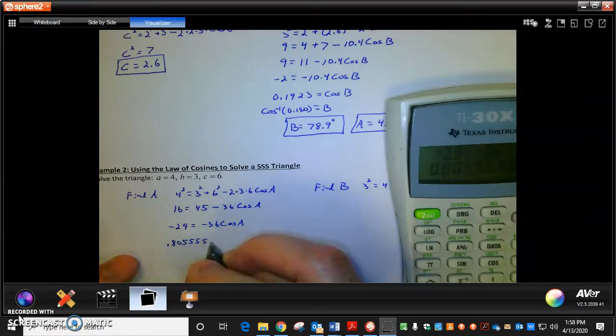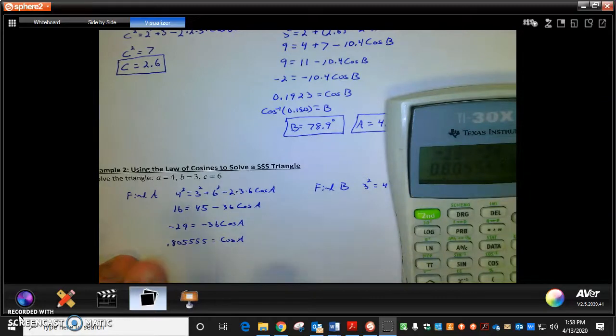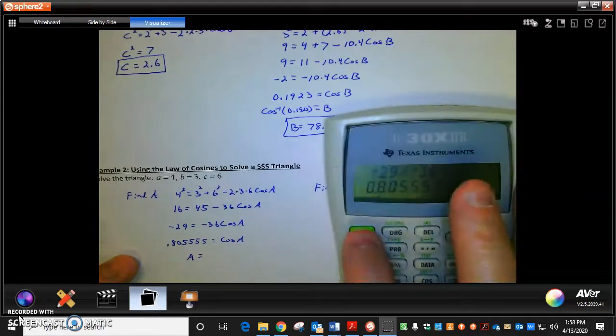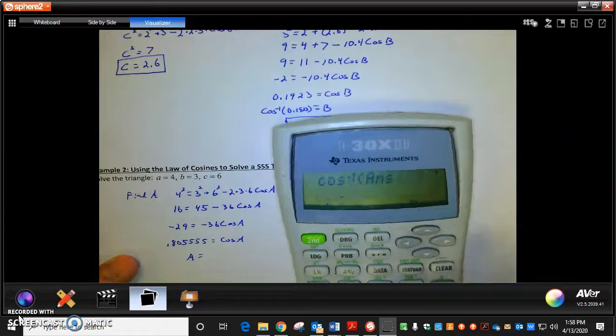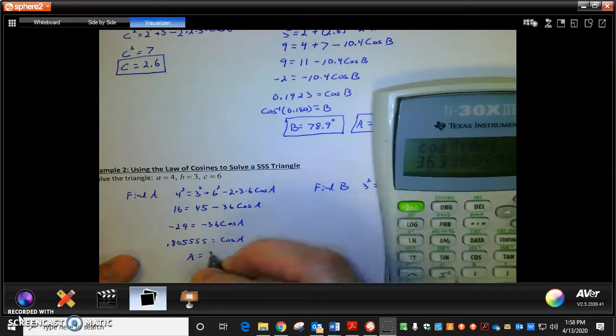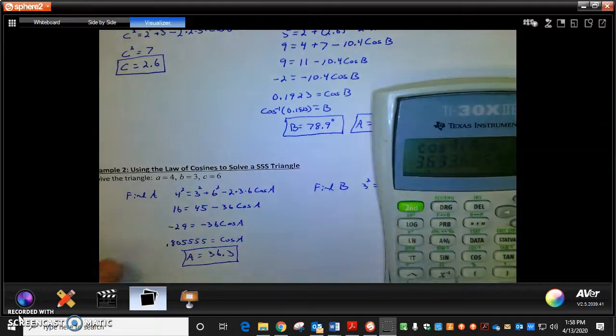Keeps going for a while. And then I am going to take the inverse cosine of that, and that's how I'm going to get my angle A. So the inverse cosine of that last answer is going to give me 36.3. So that's angle A.